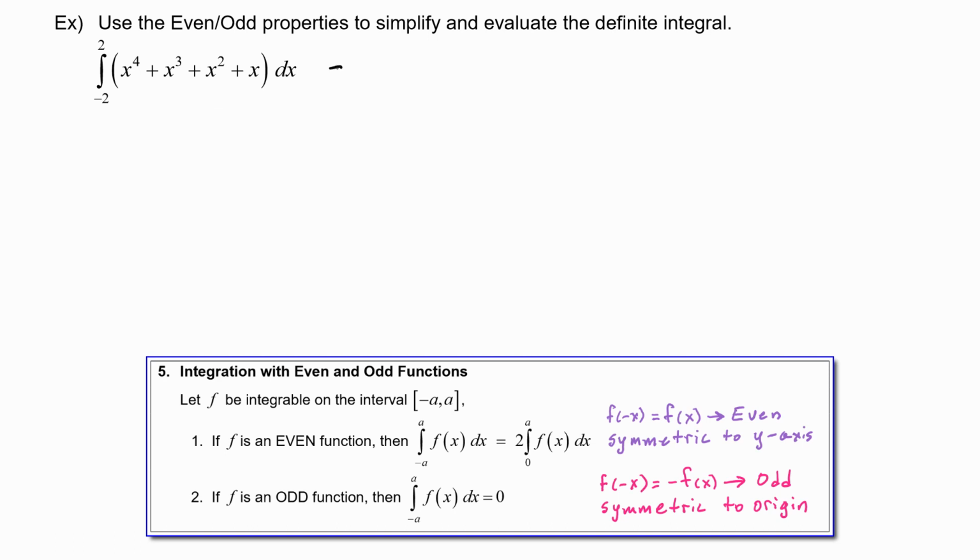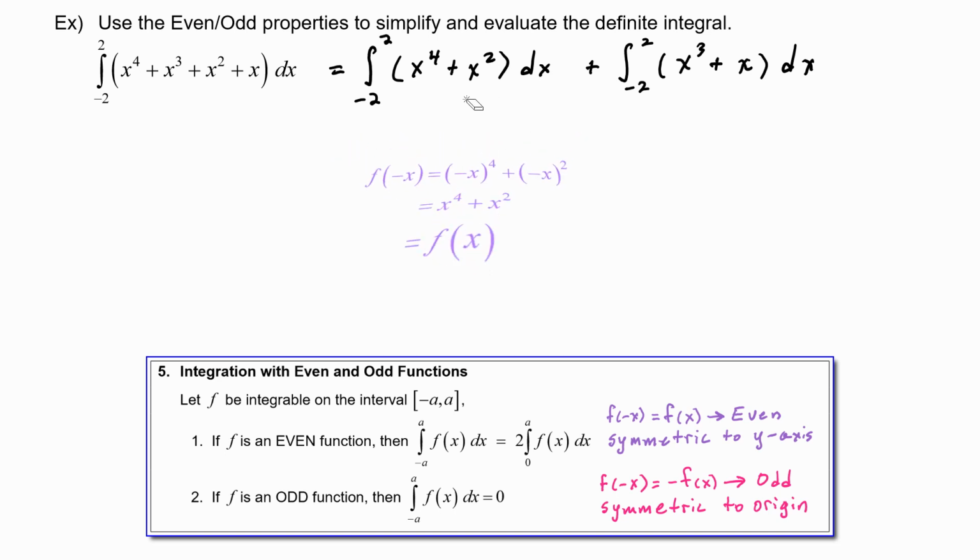So this becomes the integral from -2 to 2 of x to the fourth plus x squared dx plus the integral from -2 to 2 of x cubed plus x dx.